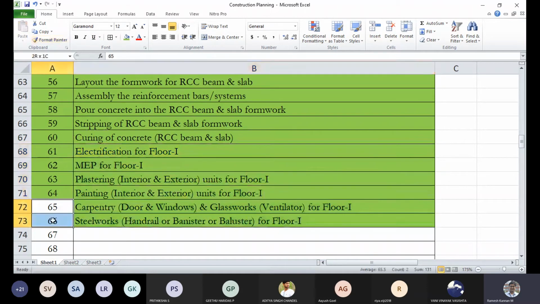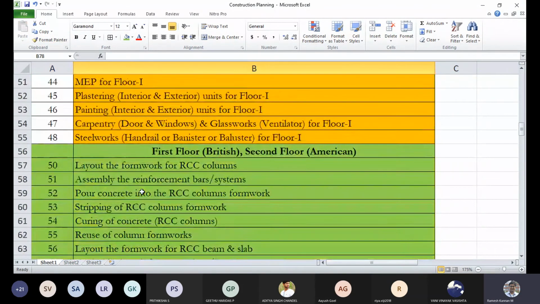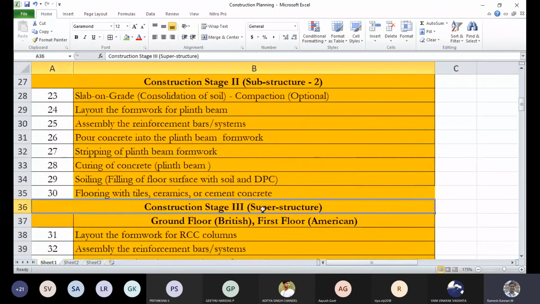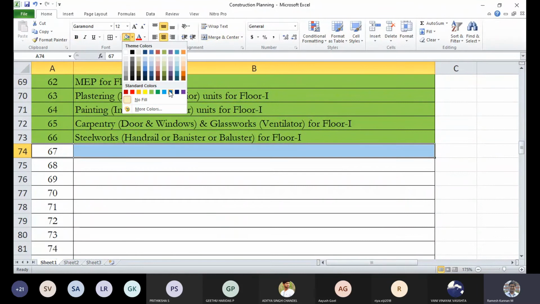Alright, so this is something like 66 activities, and probably the next phase can be the post construction phase. I'll change it to some other color.